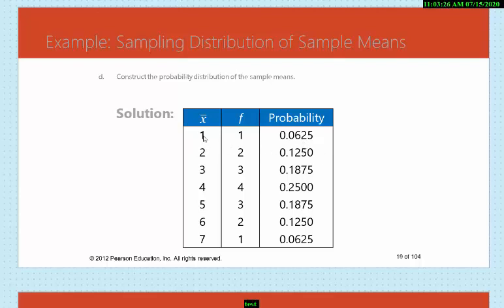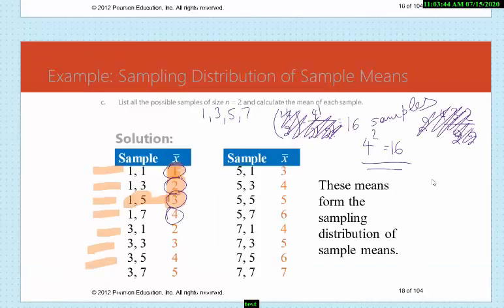So how many different samples do I have that have a mean of 1? Let's see. I have only one of them. You see it? Which one is it? This, right here. I have only one sample with mean 1.